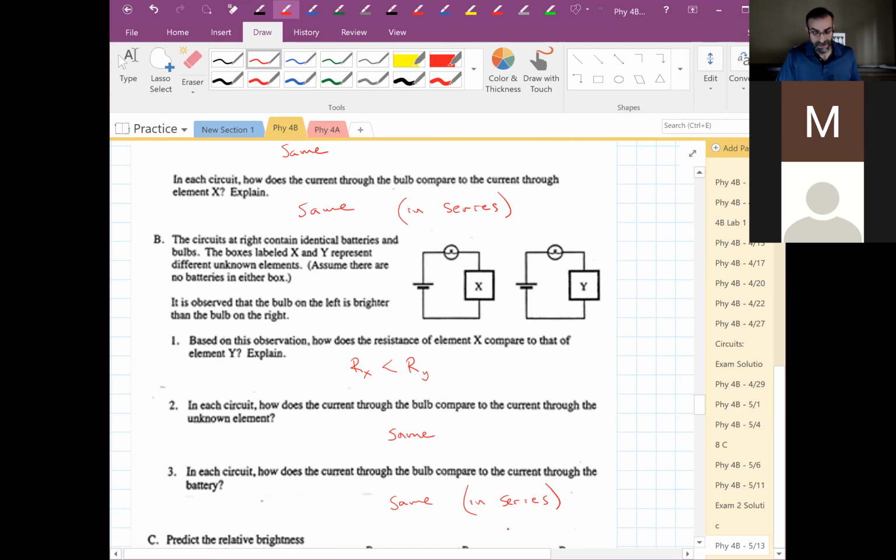They are in series, right? Any current that comes out of the battery, where's it going to go? Through the light bulb. There's no other choice. So those currents have to be the same. All right.